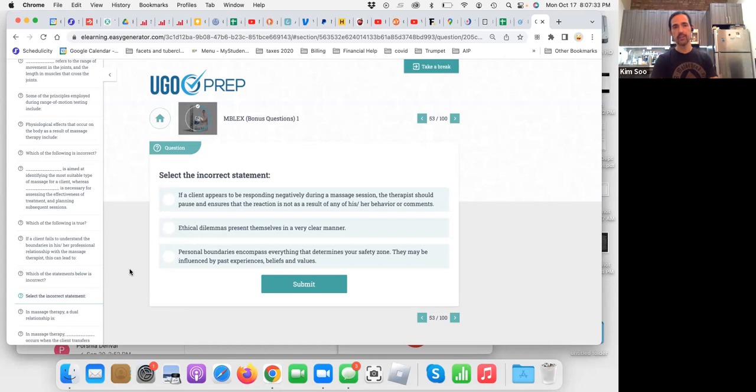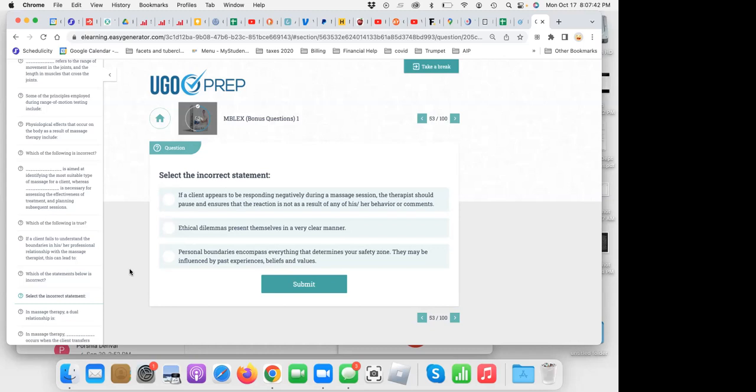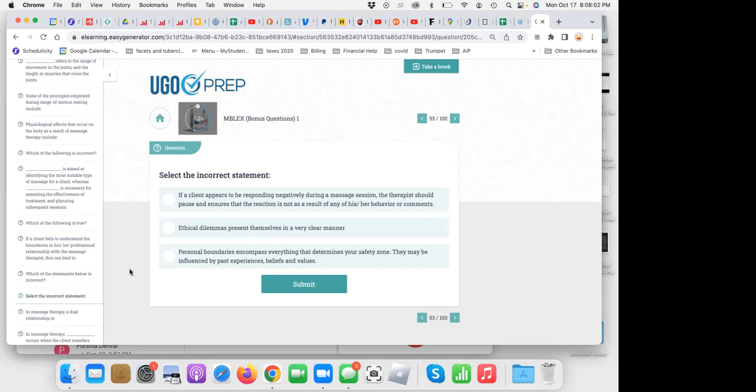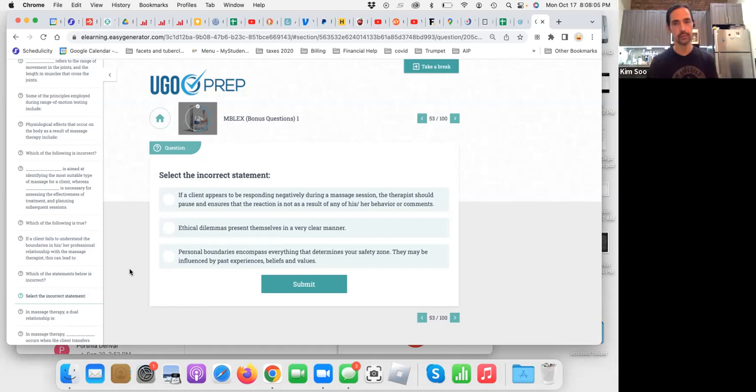Ethical dilemmas present themselves in a very clear manner. Is that correct or incorrect? I don't think I'm understanding that one correctly. Okay, one definition of ethics is two choices which are both correct, and you have to find the better of the two. It's choosing the better of two correct choices.